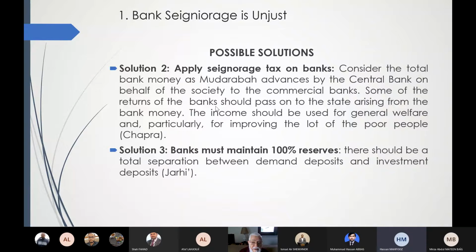We don't need banks in any form the way they are. Banks are hurtful. Yes, banks are hurtful when they are based on interest. But are they equally hurtful if they are based on Sharia? That is, if they are connected on a one-to-one correspondence with the real market? I don't think so. I think it will be different.